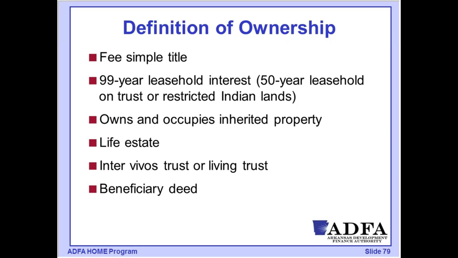The HOME program also allows for 50-year leaseholds for trusts or restricted Indian lands. It could be an owned and occupied inherited property or a life estate where the individual has transferred ownership but has a life estate right to occupy the property for the rest of their life.